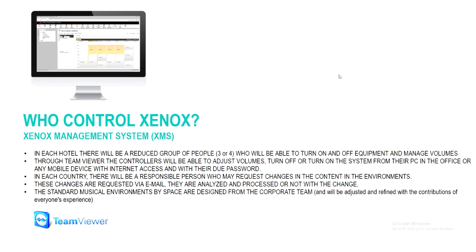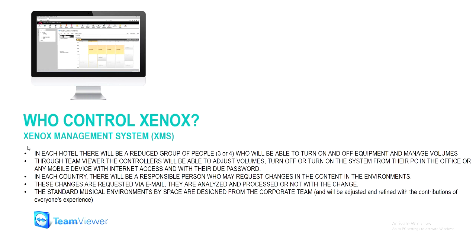So now we are going to the most important part of this presentation, right? That is who controls Xenox. We're going to continue calling it Xenox just as a reference, because at this point everybody knows Xenox is the brand. So who controls Xenox?